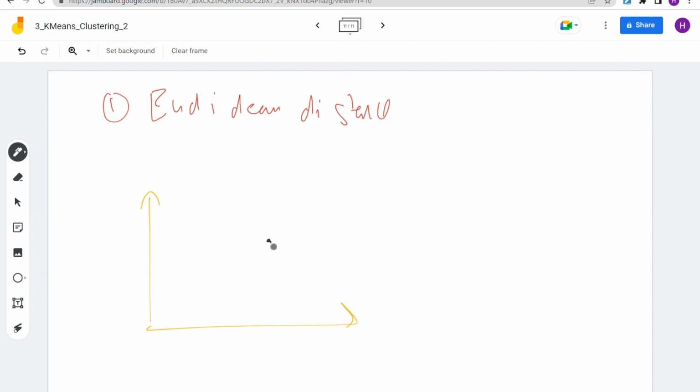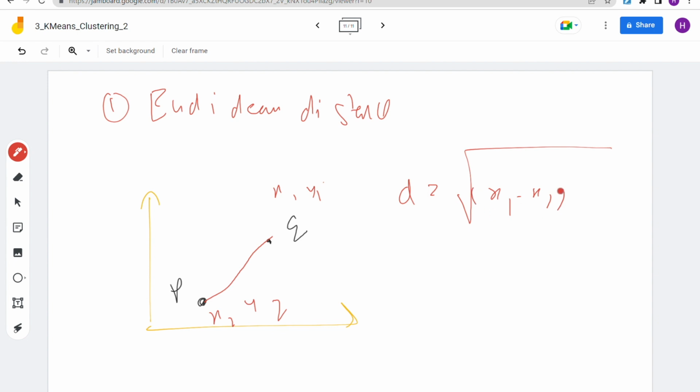Let's say this is one point Q, this is another point P, and we want to calculate the distance. In high school we learn that this is at, let's say, x1 y1 and this is x2 y2. For calculating distance we apply the Euclidean distance formula: x1 minus x2 whole square plus y1 minus y2 whole square. I think this is clear, you all know it, so I don't want to waste time here.